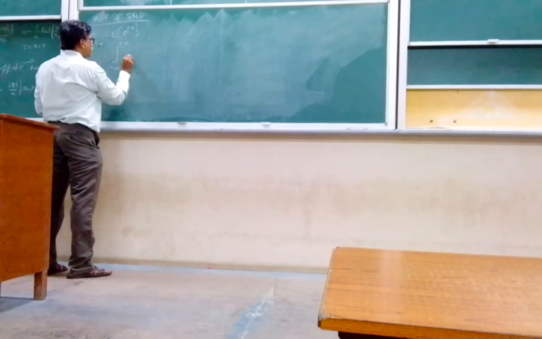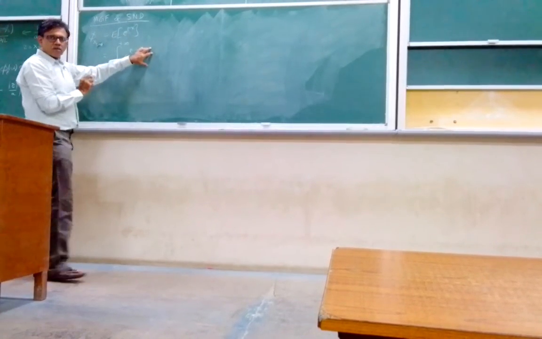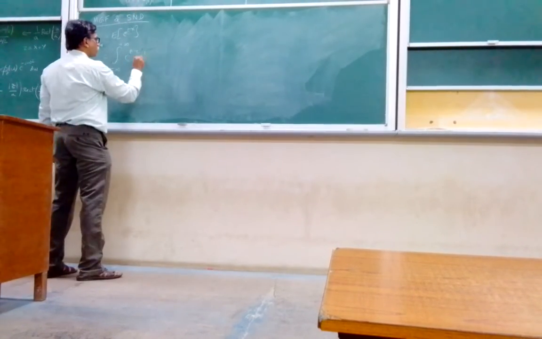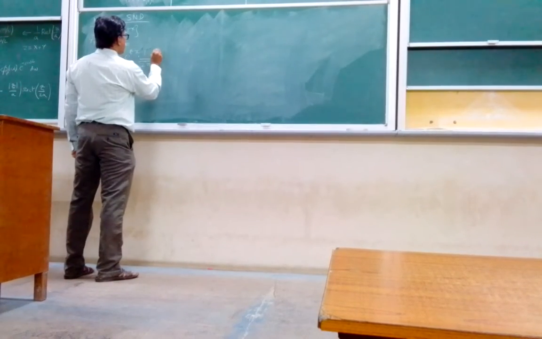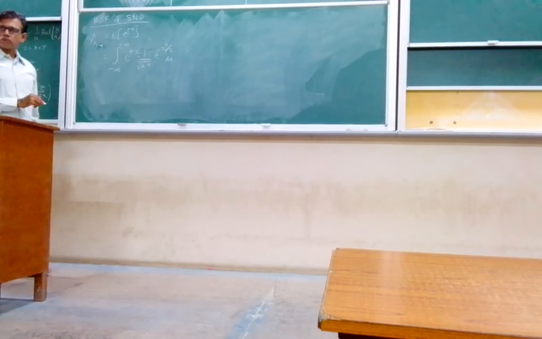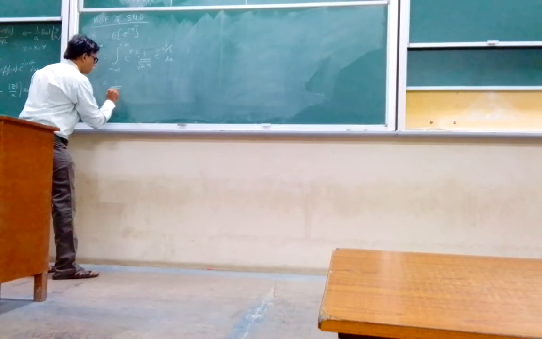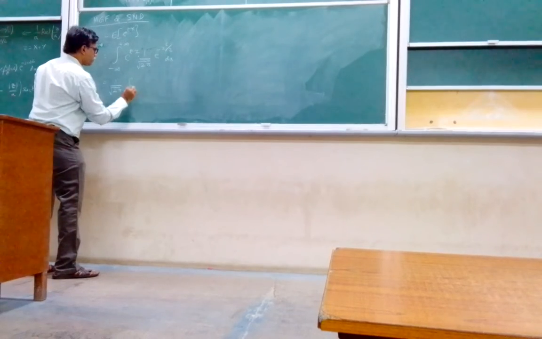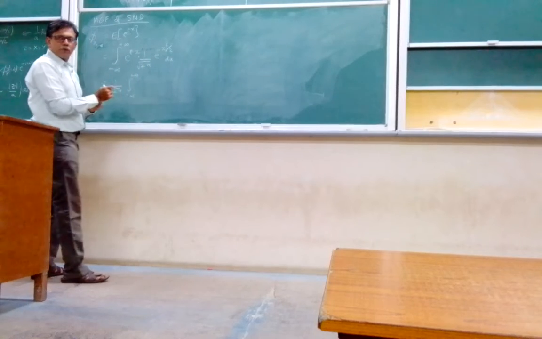What is g of x? e power of tx. f_X of x for the standard normal is 1 over root of 2 pi into e power of minus x squared by 2. So we will take out root of 2 pi here. This is what we have left, which we have to compute.